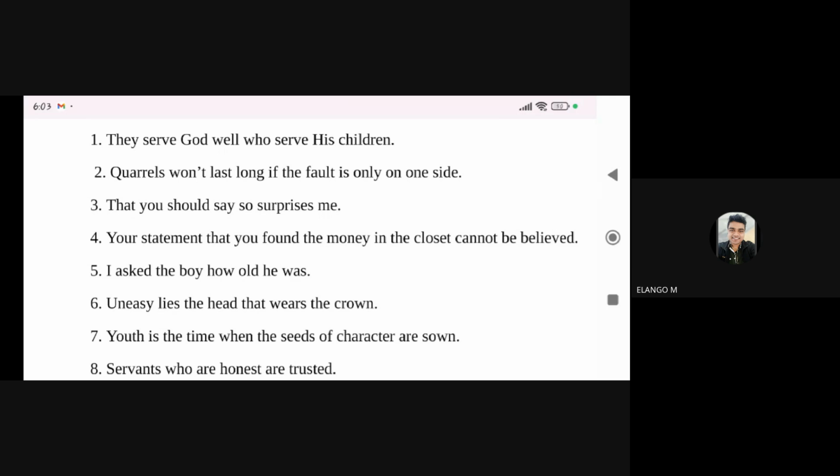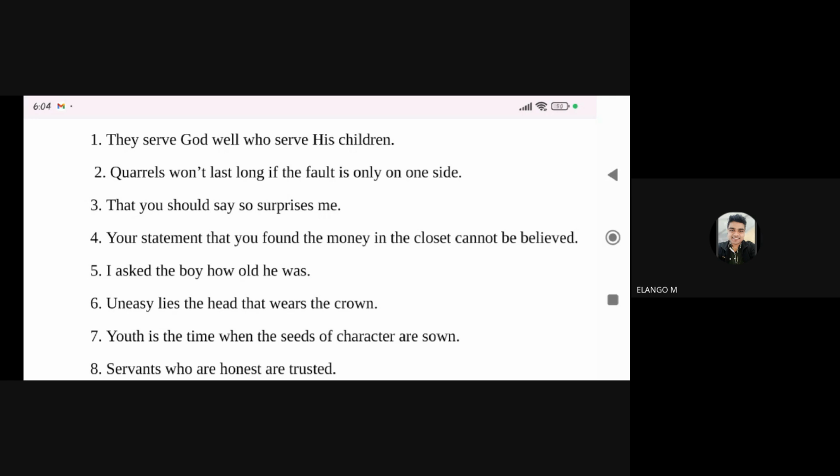That particular clause, who serve his children, should have been placed next to they, right? When you do not do that, you call that a case of dangling modifier. That is, it is placed farther away from the part which it has to modify or qualify. Okay, so adjectival, correct.